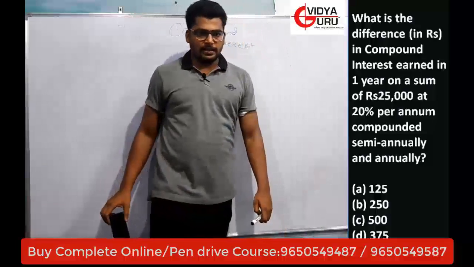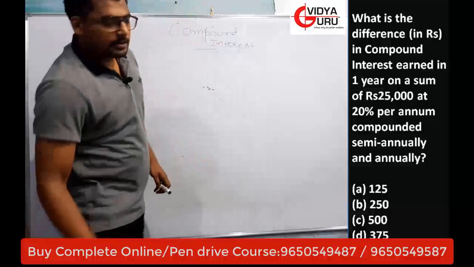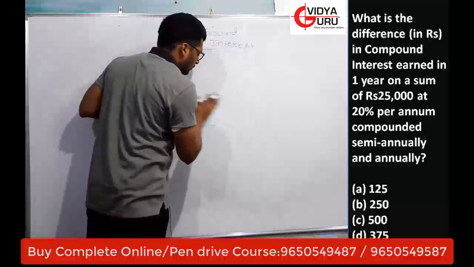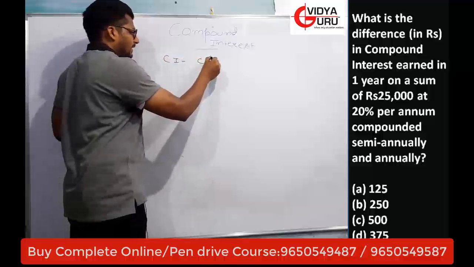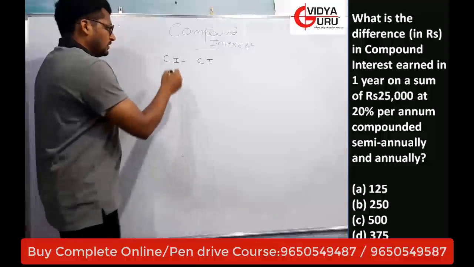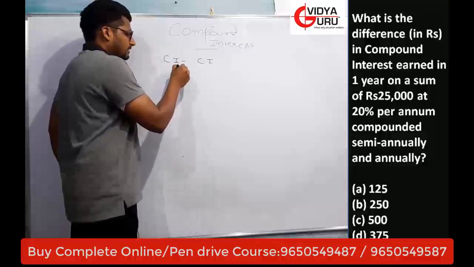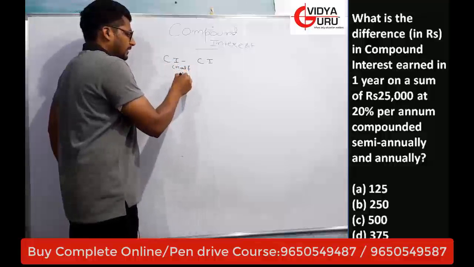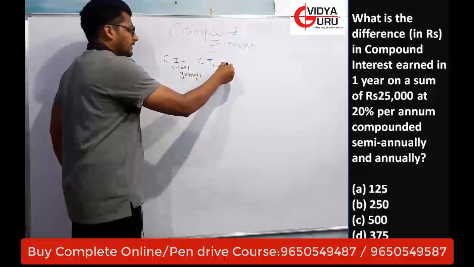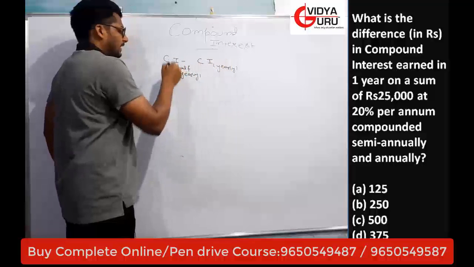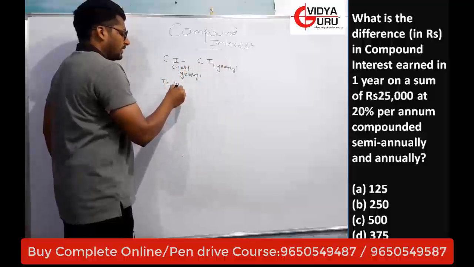What is the next question saying? The next question wants to know the difference between CI and CI. This CI is calculated half yearly and this CI is calculated yearly. Time is 1 year.